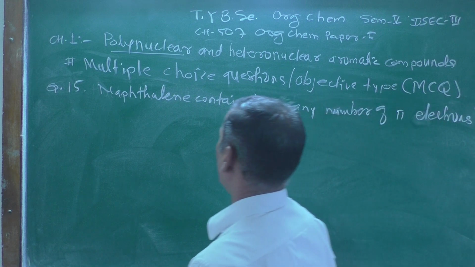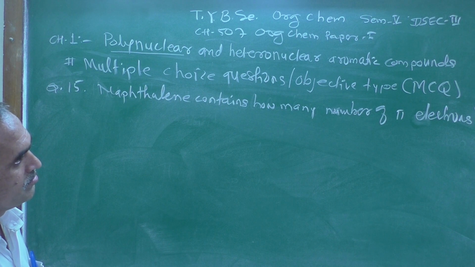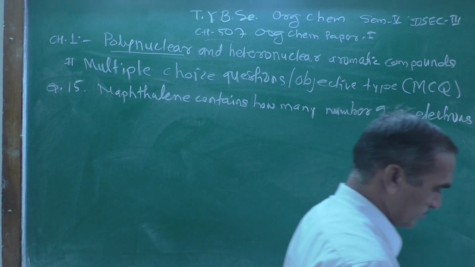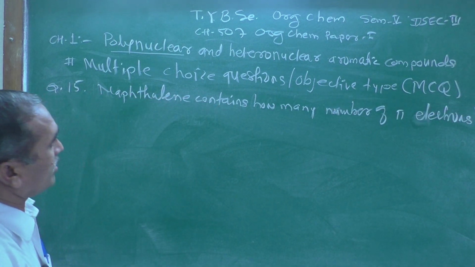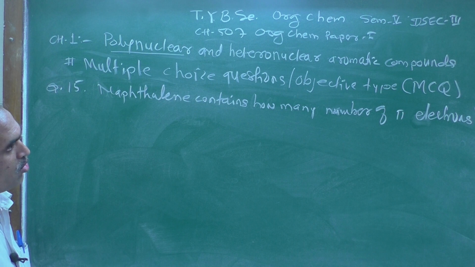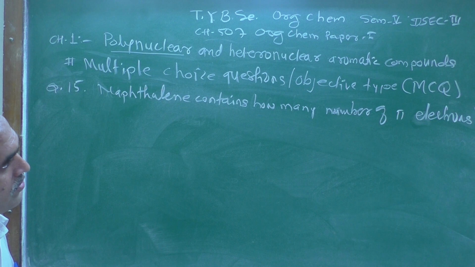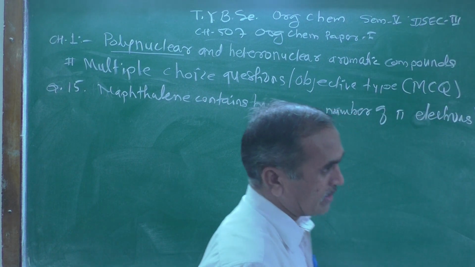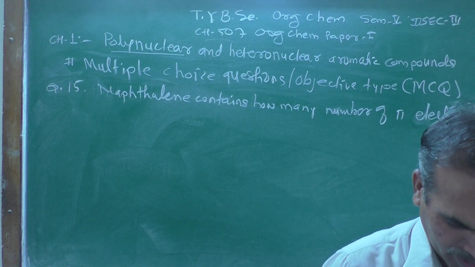Look at the nature of naphthalene. You have to count how many pi electrons it contains, that is, you have to give the correct number of pi electrons.